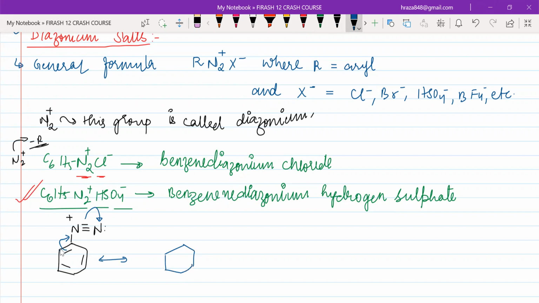Since this gave the electron, it will have a positive charge, and this will now be a double bond, and there will be a negative charge. Now you need to go with one arrow, and there will be a positive charge, double bond, double bond.